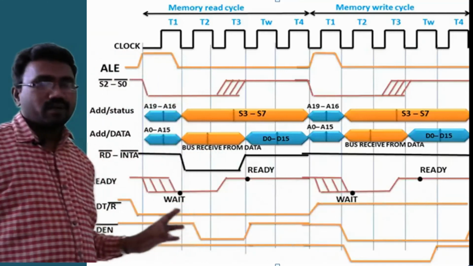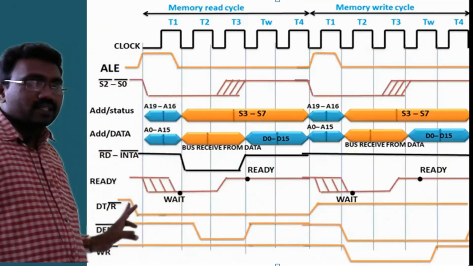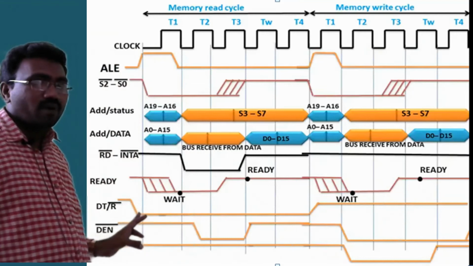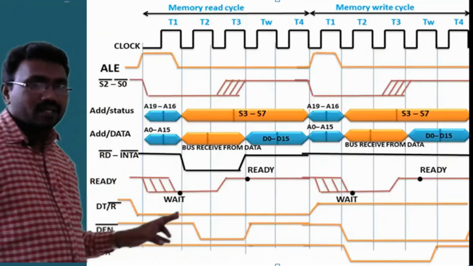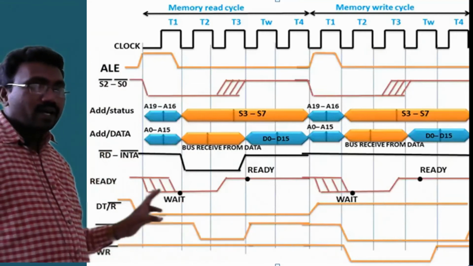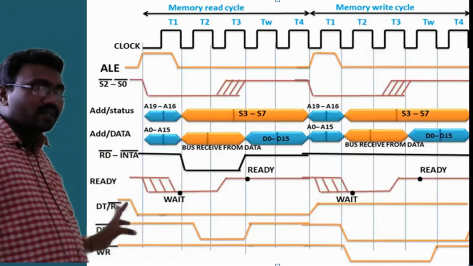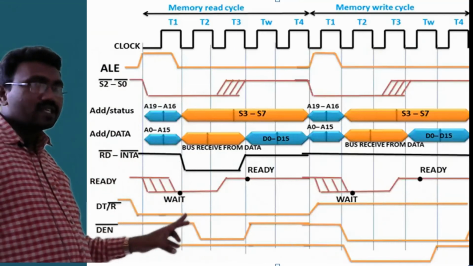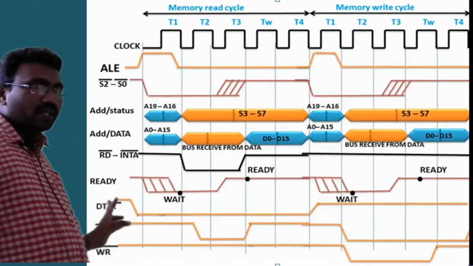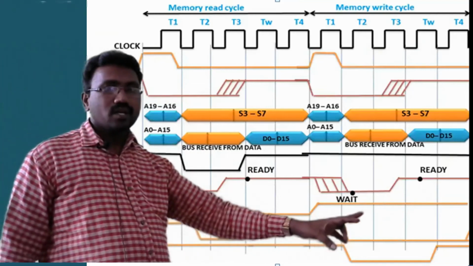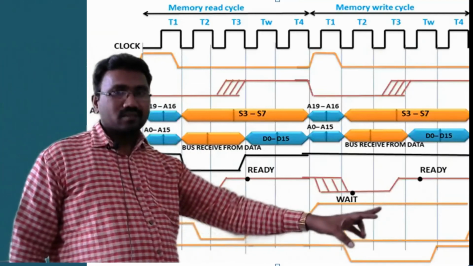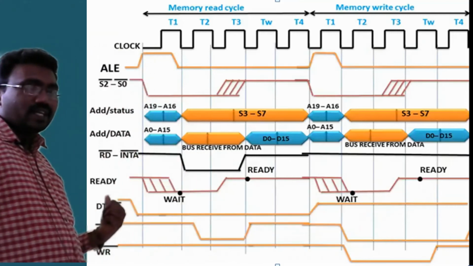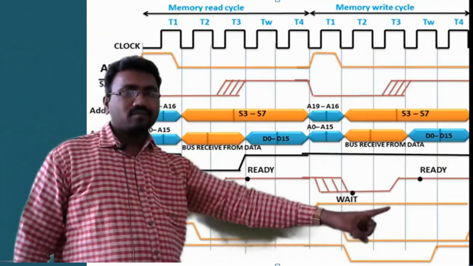Next signal, DT/R bar. In case of a read cycle, DT/R bar is 0, that is, receiving is enabled. In case of a write operation, which means data transmitting, this signal should be high.